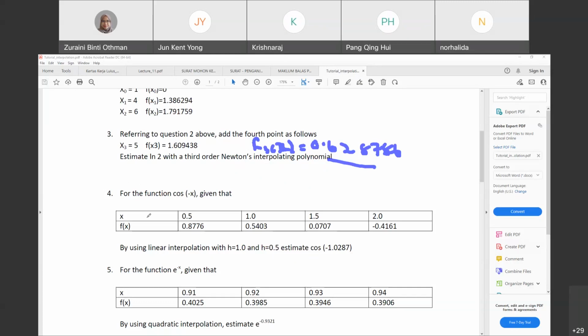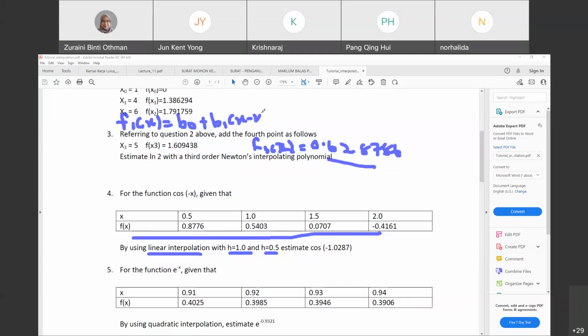Okey, untuk soalan 4 ni, bila dia kata H sama juga 1.0 dengan H sama juga dengan 0.5. Okey, now, kita ada data yang macam ni. Okey, so sekarang dia minta kita cari linear interpolation. Okey, so sekarang linear interpolation, kita tahu bahawa linear interpolation is F1x sama juga B0 plus B1x minus X0.